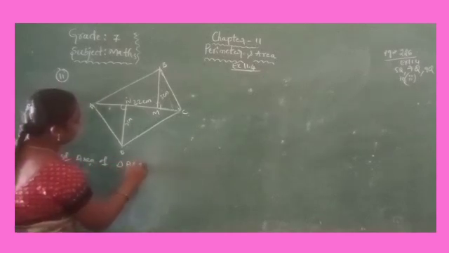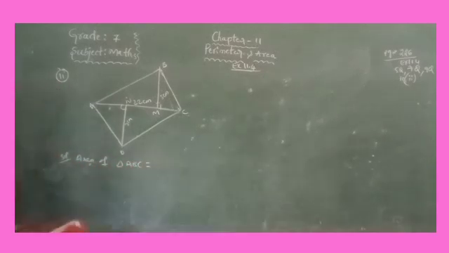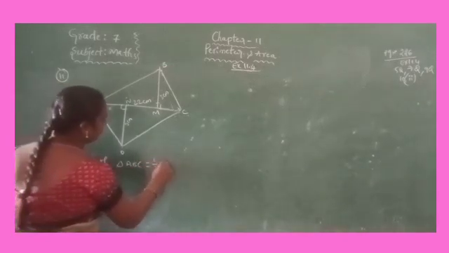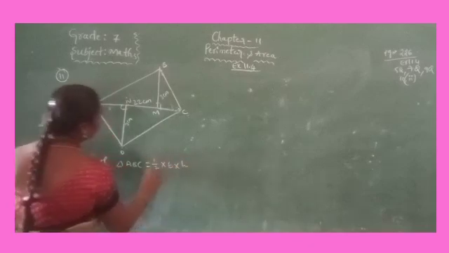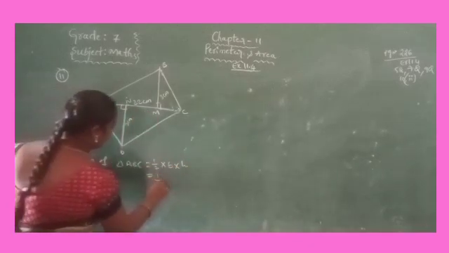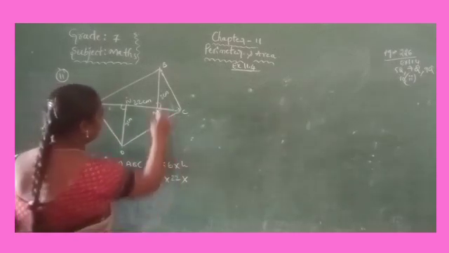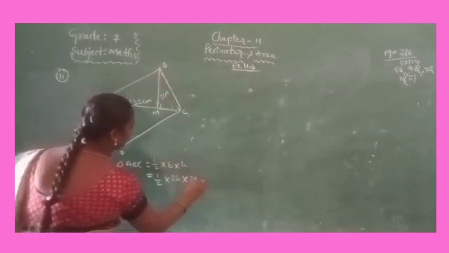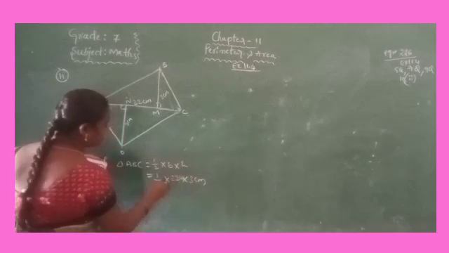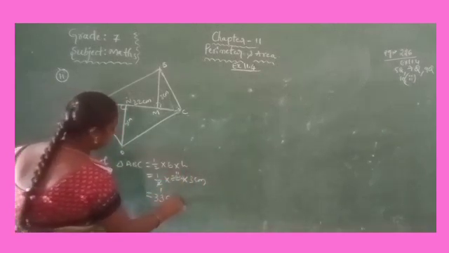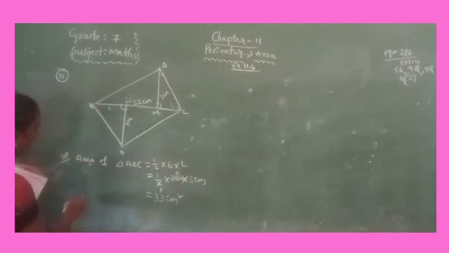So first find the area of triangle ABC. We know that the area of the triangle is half into base into height. What is the base here? That is 22 centimeters and height 3 centimeters. Now two ones are two, 2 11s, that is 11 into 3, 33 centimeter square.